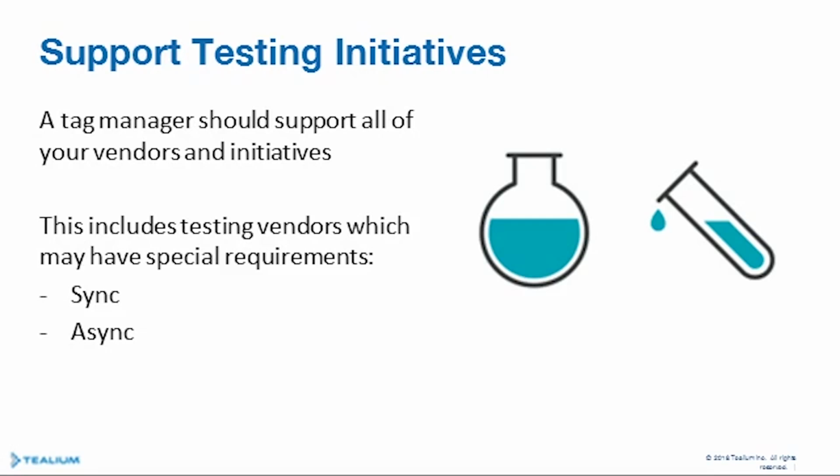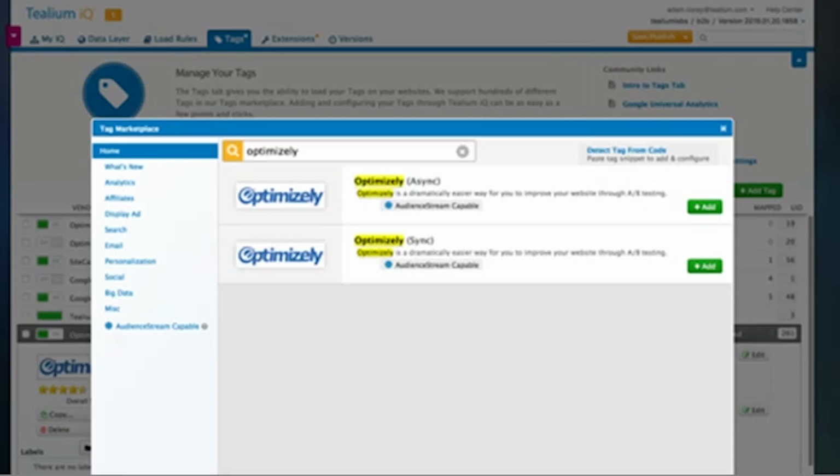But because they have some specialized requirements, such as maybe they prefer to be loaded synchronously, or maybe you want to load them asynchronously, or you want a mix of the two, this is giving you the ability to make sure that you have those capabilities inside of your tag management solution, so you not only can implement them the same way as every other technology, but also expand your testing implementations across more pages as your testing needs mature.